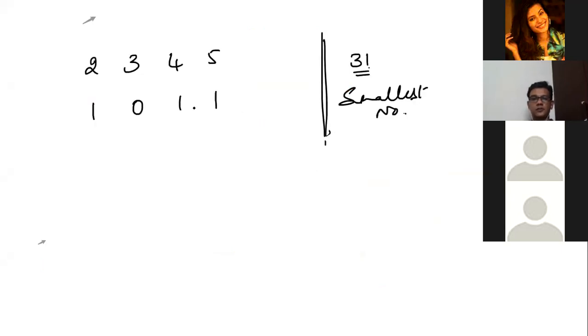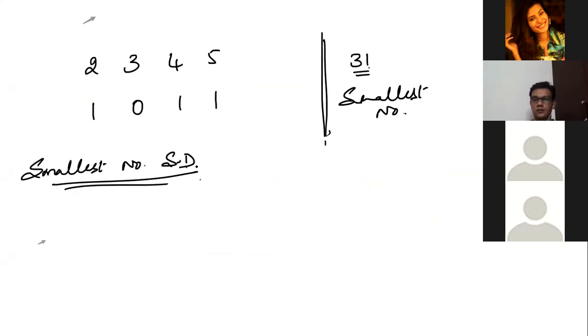Now let's look into this. When I have to find the smallest number in a successive division, listen carefully and concentrate only on the board. Ignore the last divisor.